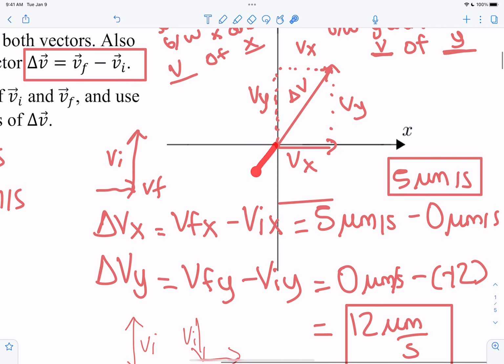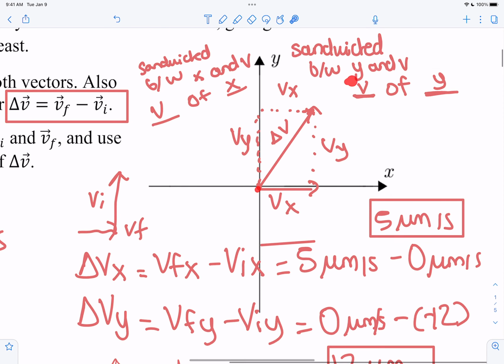Same thing if I went down here somewhere. If I wanted this angle, what would this be? West of south, exactly, because this is the angle sandwiched between the y-axis and the vector. So I go with what direction it is relative to the y-axis.